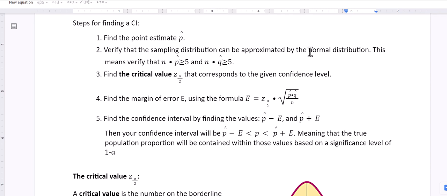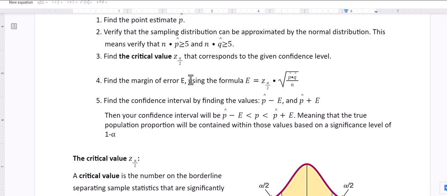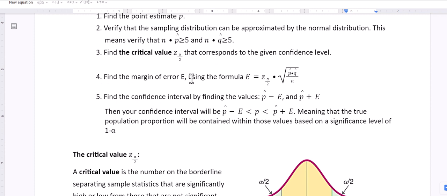So this means verify that n times p hat is more than 5 and n times q hat is more than 5, which really just means the number of successes is more than 5 and the number of failures is more than 5. In step 3, find the critical value z alpha over 2 that corresponds to the given confidence level. And I'll talk about what that means. And then find the margin of error. So I'm just listing the steps here, but then we're going to go in and dissect what everything means.